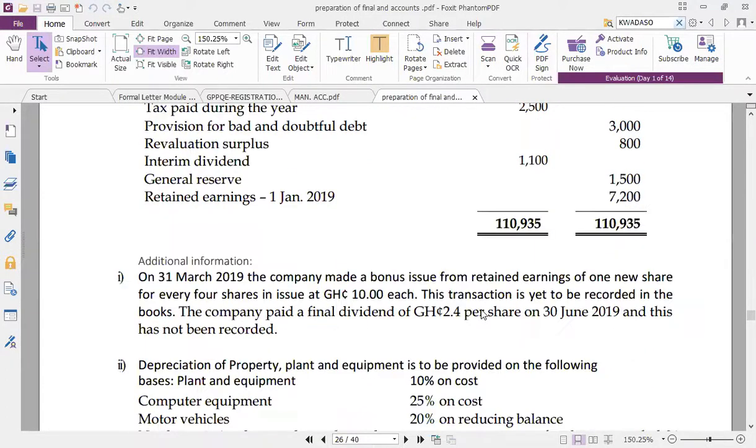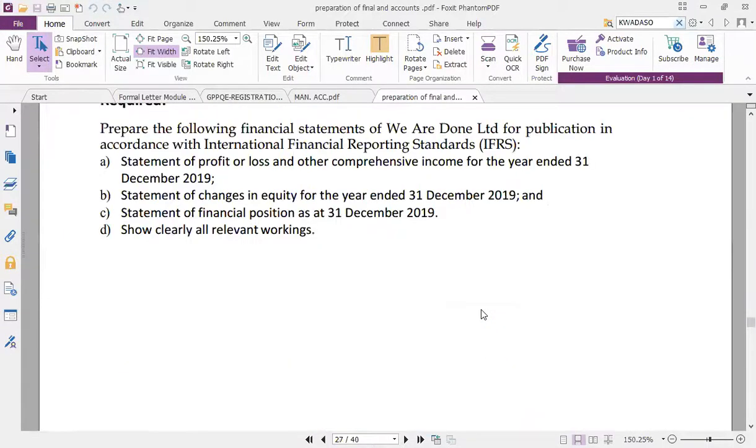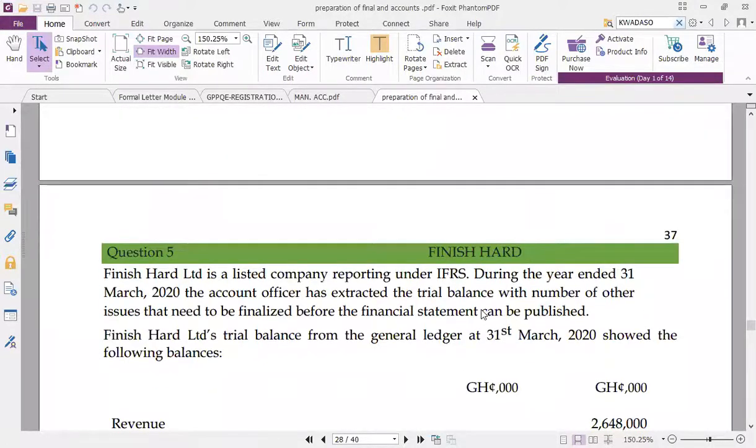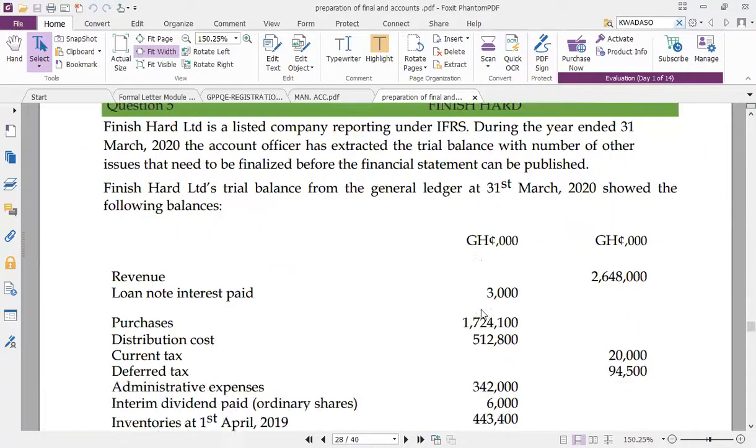Then the next one is tutorial question 5, solution available.